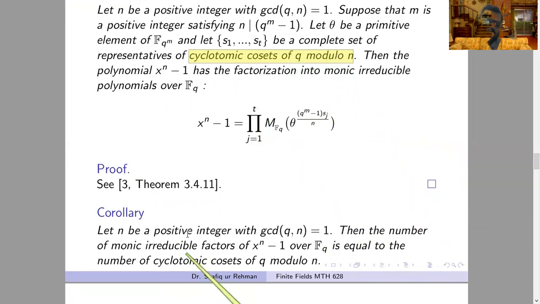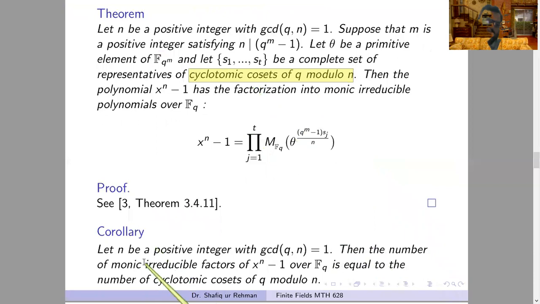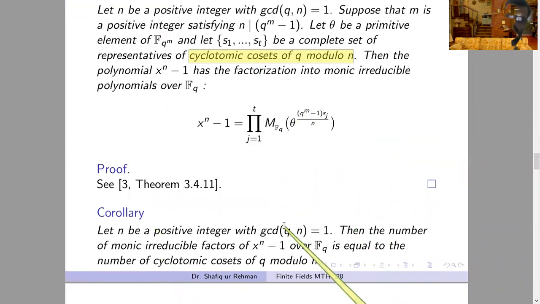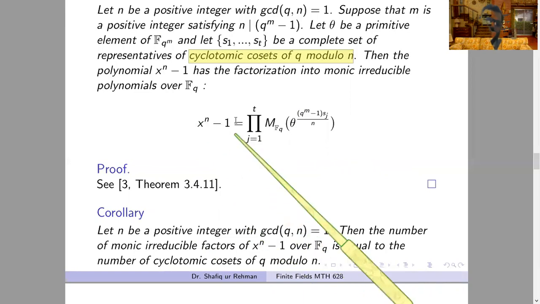This corollary only tells us about the number of monic factors, not about the factors themselves; it only counts the number of irreducible factors of this polynomial.